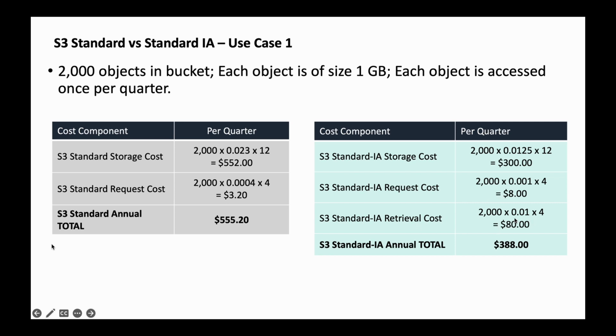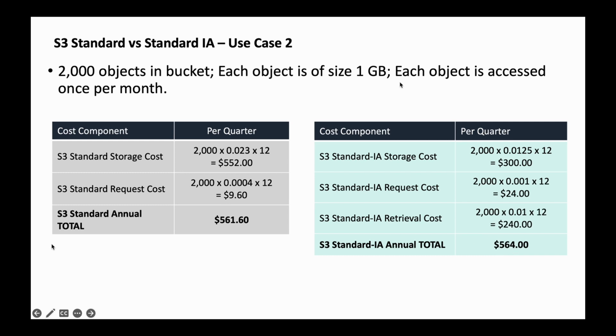For retrieval you have to pay $0.01 for each object. And since you are going to access the data 4 times in a year, you have to multiply it with 4. So 2000 into $0.01 into 4 to get the annual cost, it is 80. So totally 388. So in this particular use case, your friend wins because you end up paying $555, whereas he will pay only $388.